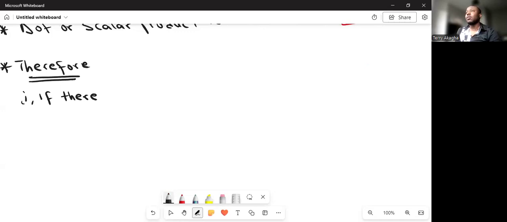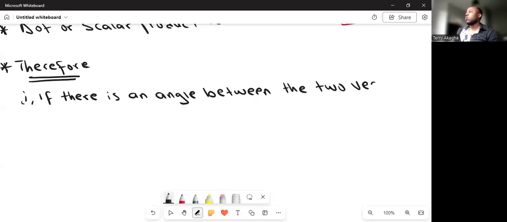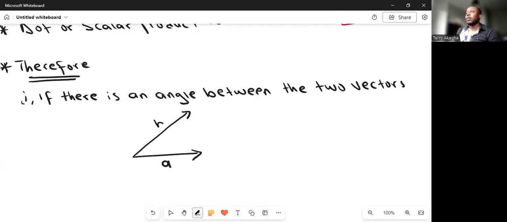So if the question you have has an angle between the two vectors, let's assume we have vector A and vector B, and there is an angle here, theta, and you are meant to find the dot product.